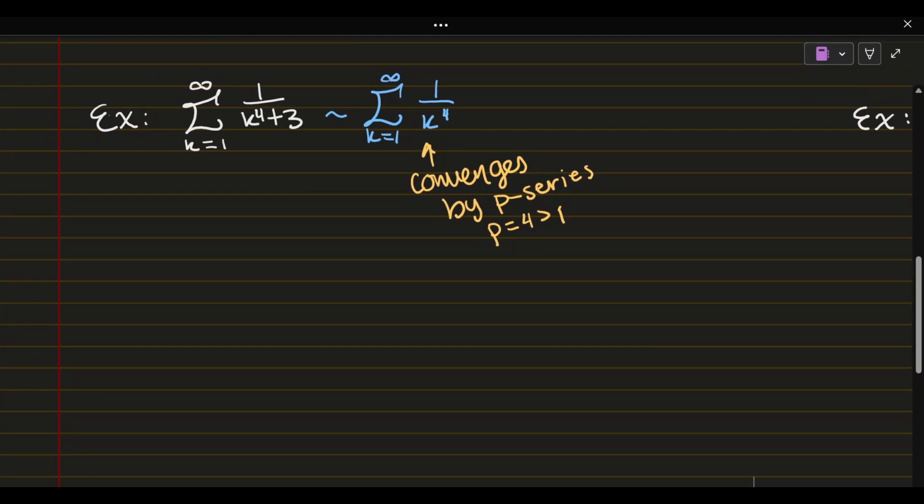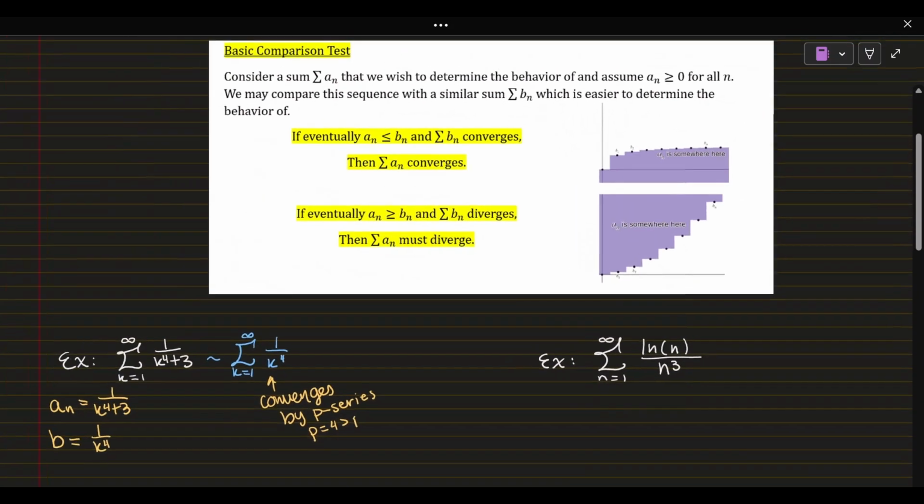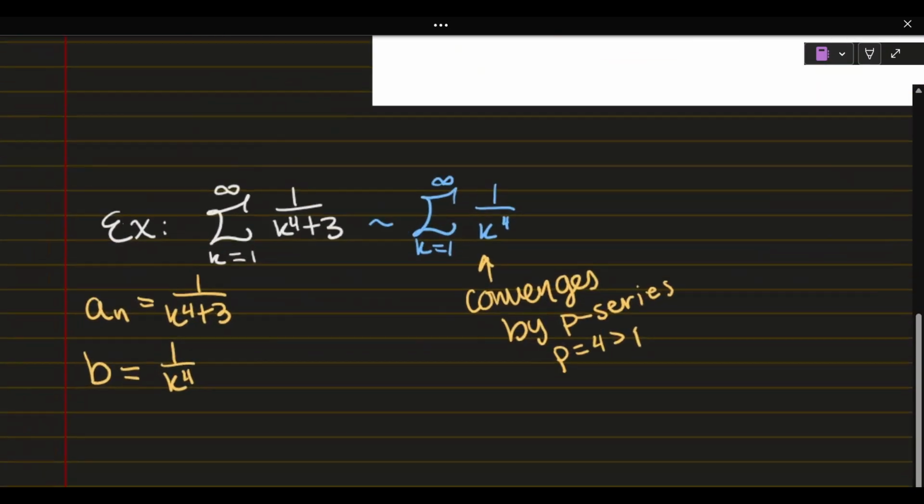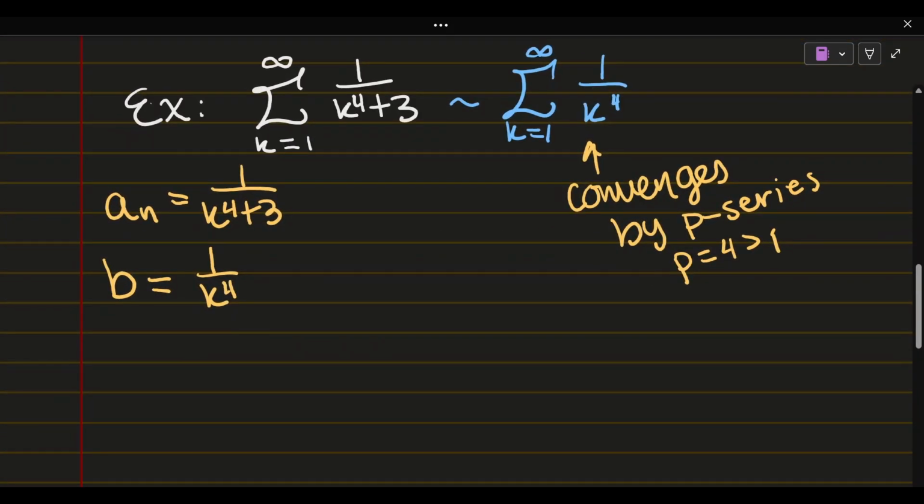So I can compare them. All I need to figure out is if a_k, which is equal to 1 over k to the fourth plus 3, and b_k, or 1 over k to the fourth, are related in the way that I want them to be. By my basic comparison test, I want b_k to be larger than a_k, because it converges. I need it to bound it above. And it is the case that a_k is smaller than b_k, because 1 over something larger is smaller.